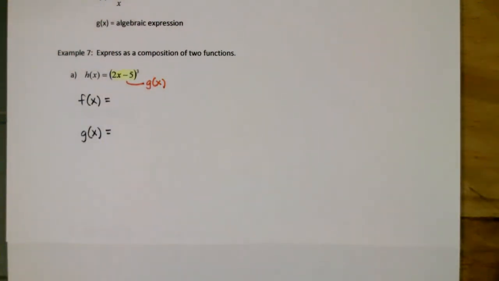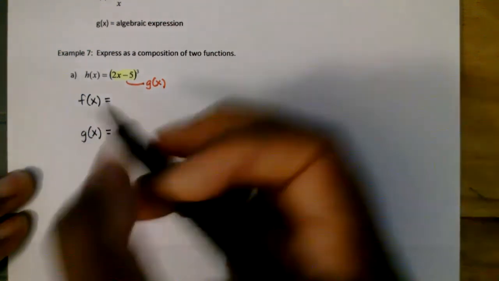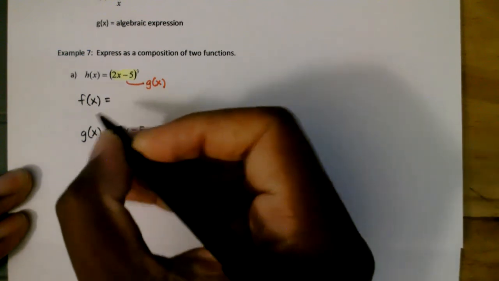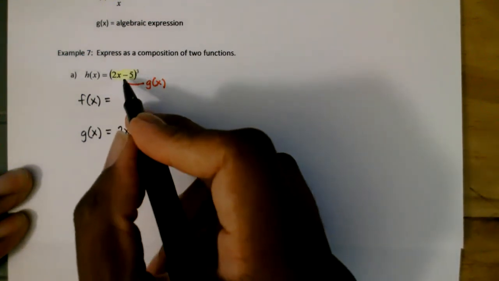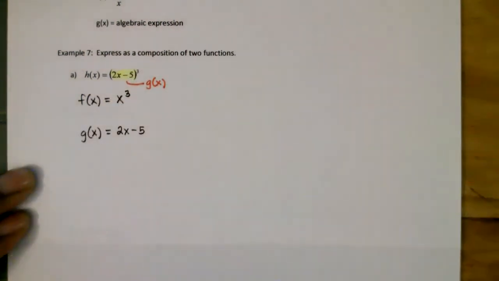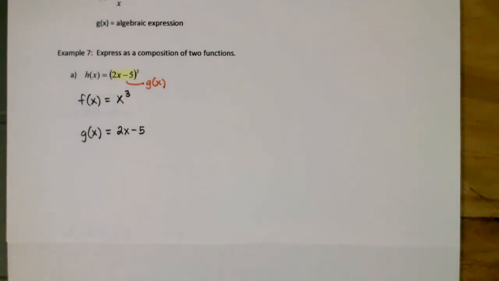F of x is always the outside function. So your g of x is going to be that 2x minus 5. And this was put in place of x in the f of x. So f of x had to have the x in it, and it's going to be raised to the third power. So f of x is equal to x cubed, and g of x is equal to 2x minus 5.